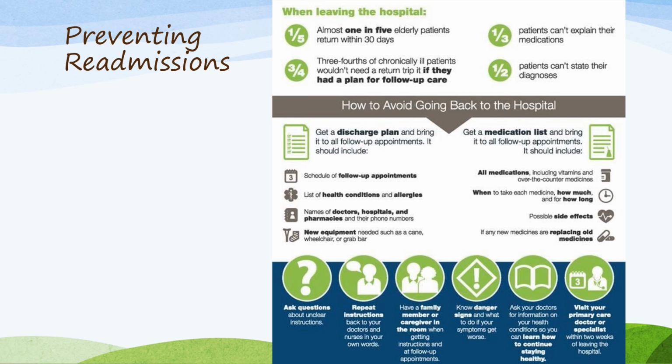But then the nurse still has to make sure: is the patient still taking the medication as prescribed or did they stop it? All right. And that includes vitamins and over-the-counter medicines. When they should take it, how much and for how long, all the possible side effects. And if they have a new medication, what med does that replace? Okay. And at the bottom here are the big points. Asking questions about unclear instructions. This happens all the time.